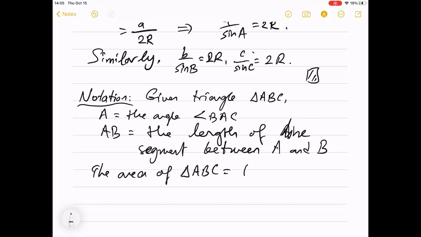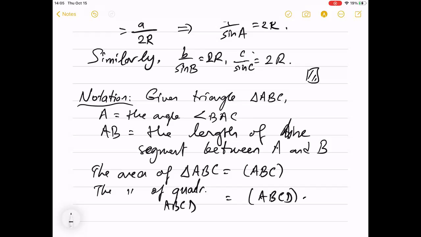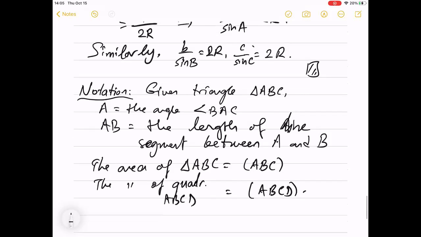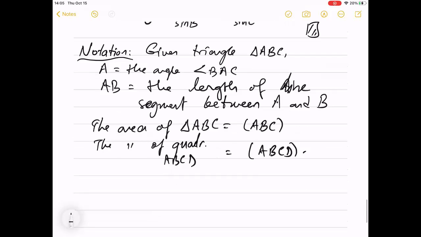It is denoted in this lecture by ABC inside parentheses, and the area of a quadrilateral, let me write for short, quadrilateral ABCD will be denoted by ABCD, etc. But every time I will tell what ABC is as the area, etc. So this is the first section.